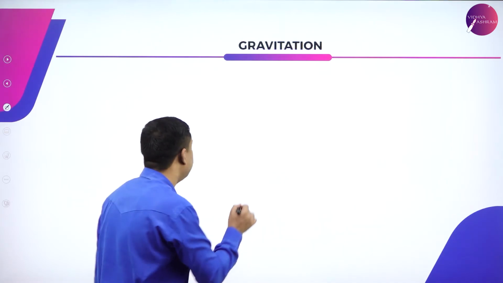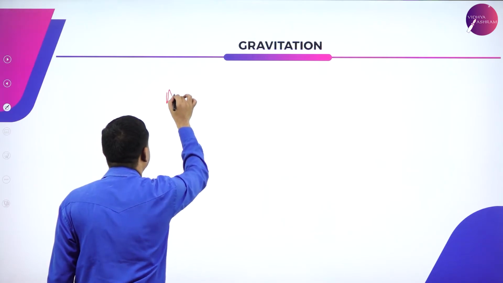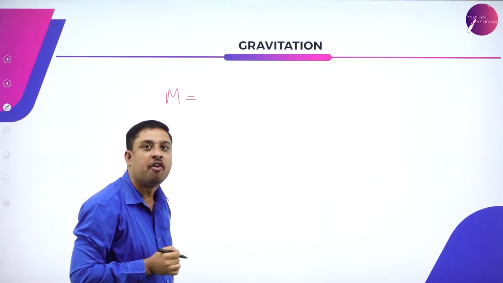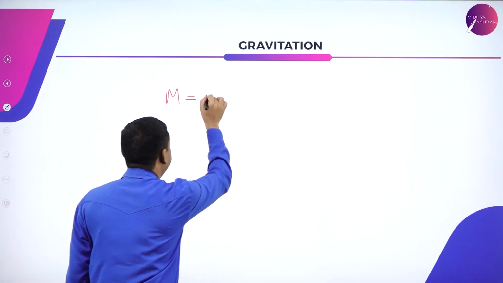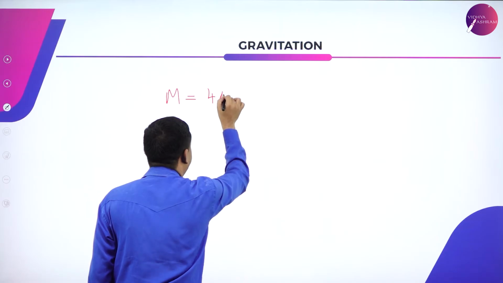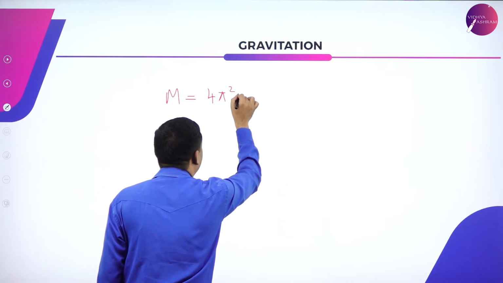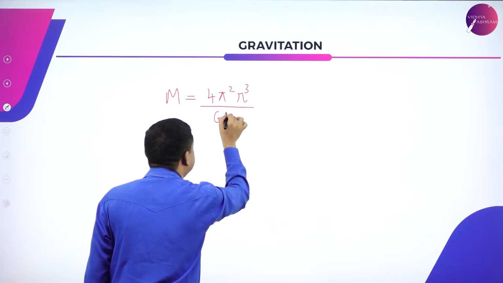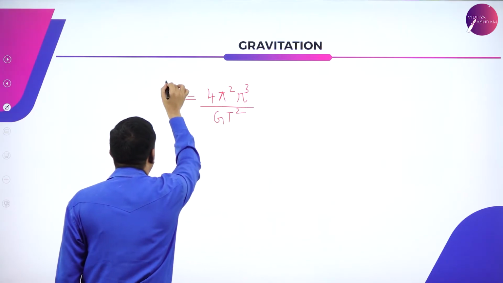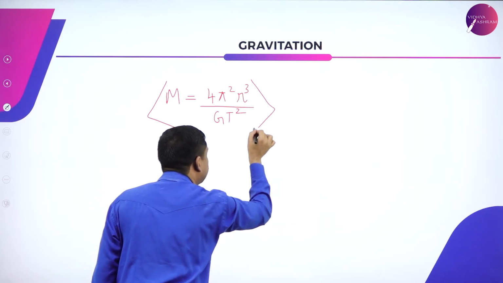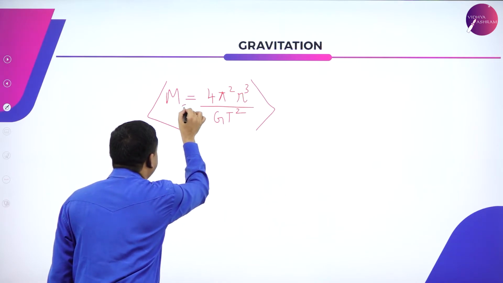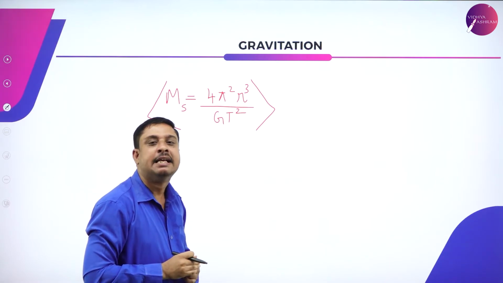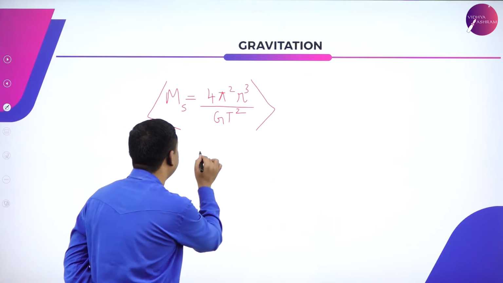Now, the mass of the sun is calculated using the formula 4 pi square r cube by G t square. Always know this. This is the direct formula used to calculate the mass of the sun.